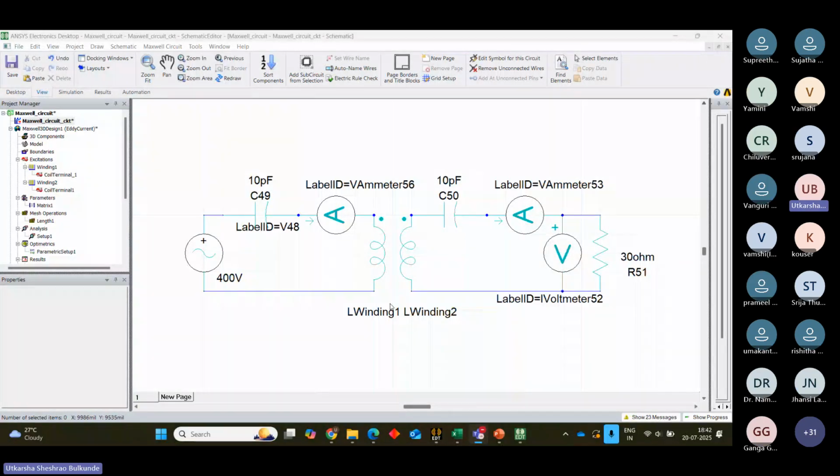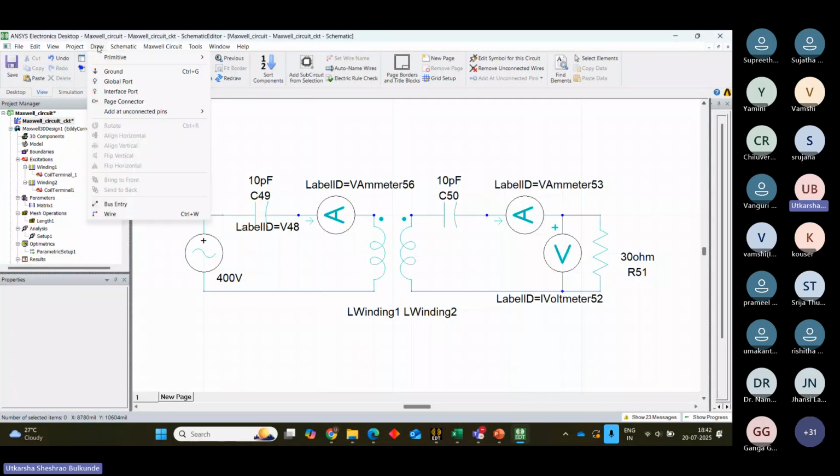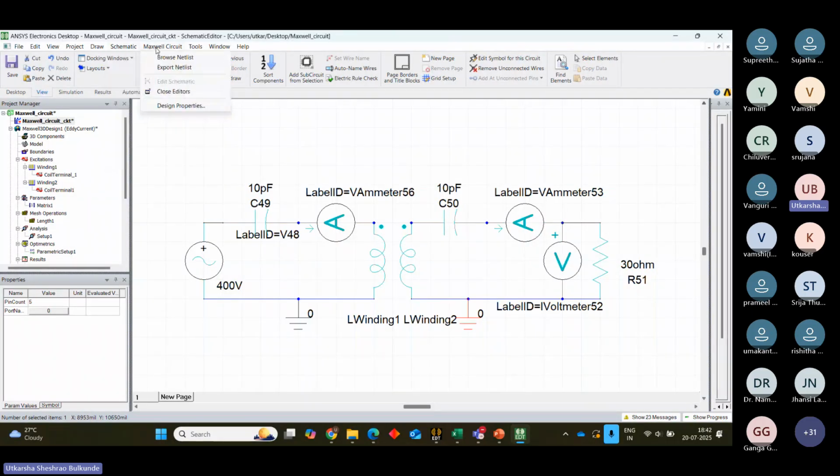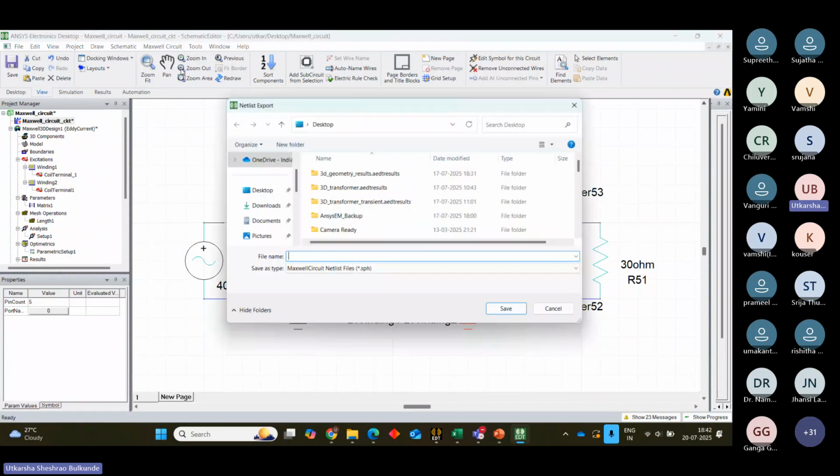Then after this, the circuit will not work if you do not put ground on both the primary and secondary side. So how to do that? Draw ground, one here and second here. Then from Maxwell schematic, go to Maxwell circuit, export netlist.